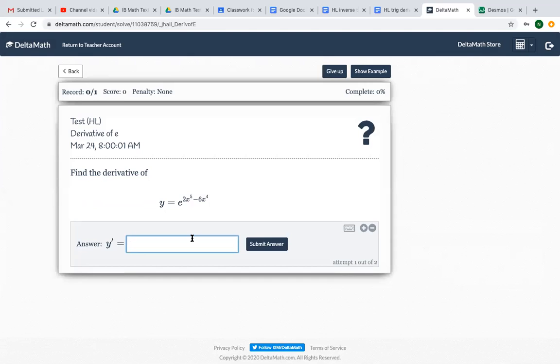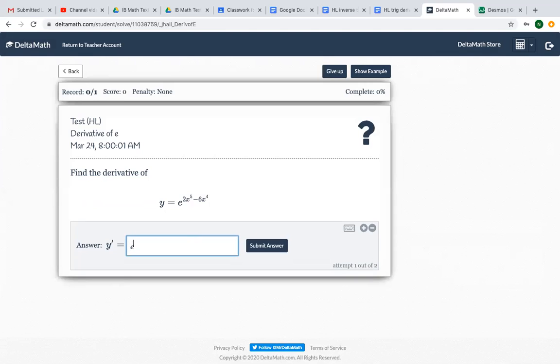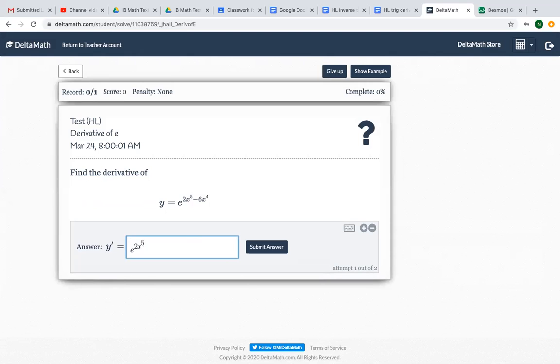So really what that means is we're going to rewrite what's already there, and then multiply it by the derivative of what's in the top, which would be 10x minus 24x to the third. Is that right? Yes.